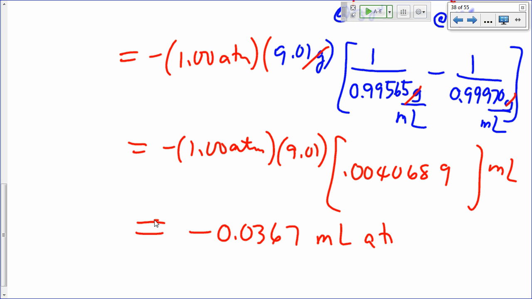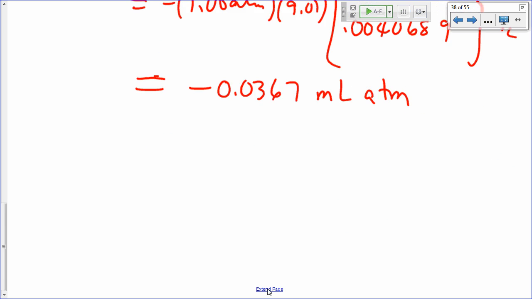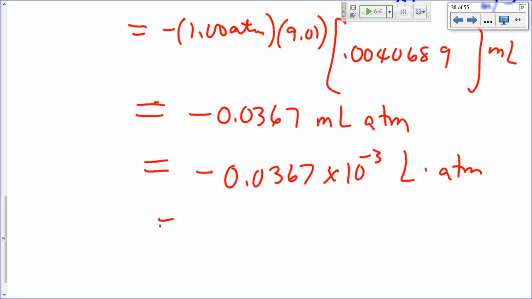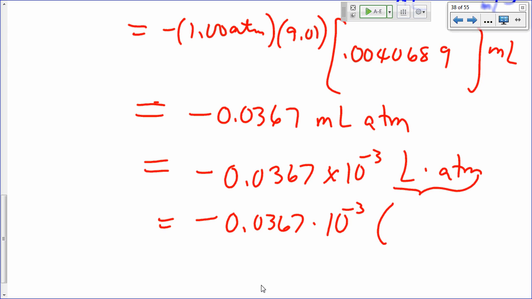So that gives you negative 0.0367 times 10 to the negative 3 liters times atmosphere. And let's change that to joules. What's a liter atmosphere? 101.325 joules.